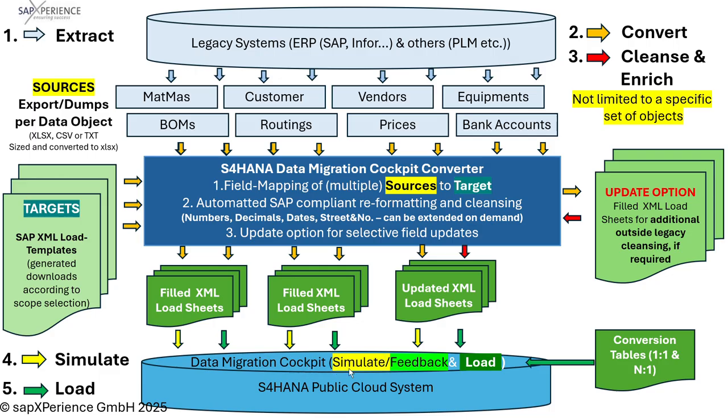So those can be simulated. There can be a feedback to the people who are doing the mapping and who are running the data migration cockpit converter until the simulation is completely out of errors and the data is ready for load.